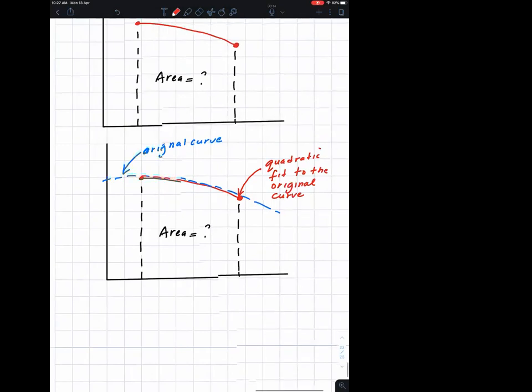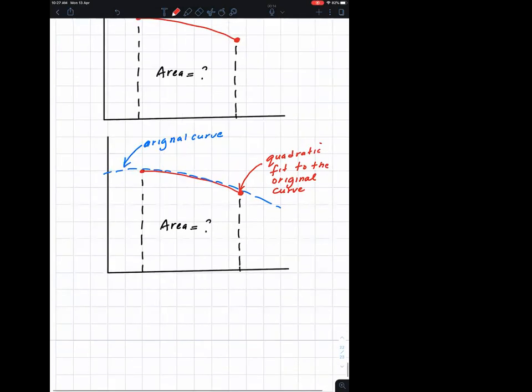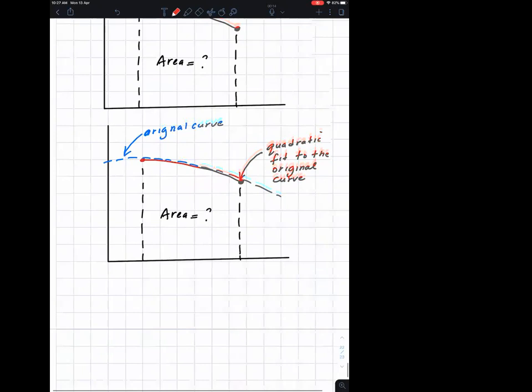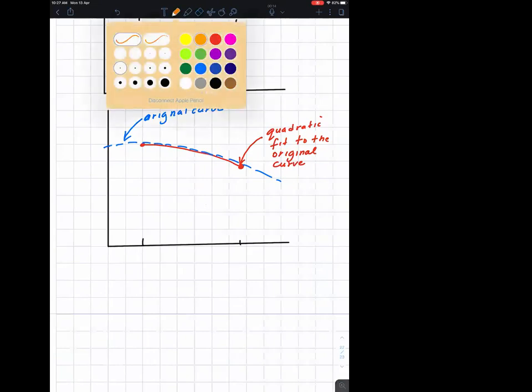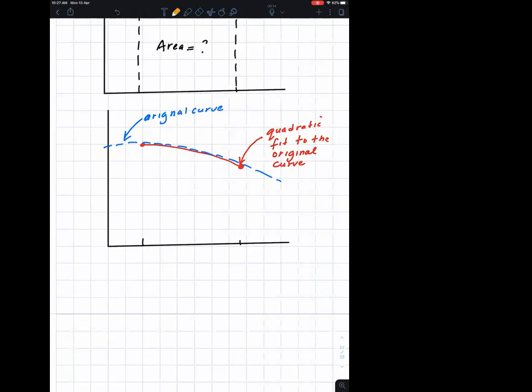How are we going to do that? Using Simpson's rule. You draw a line from one end.